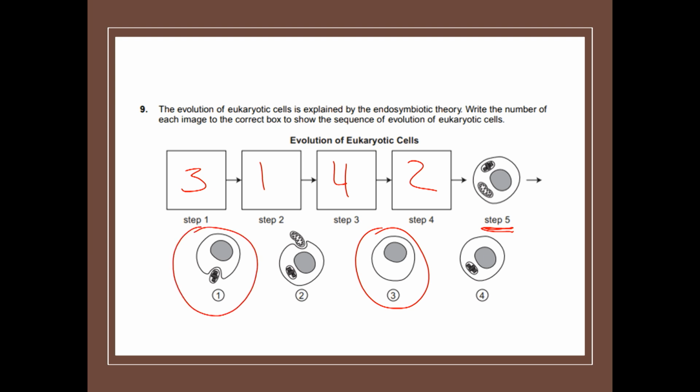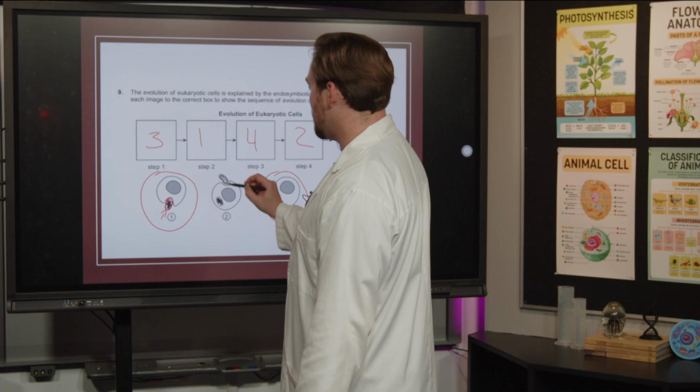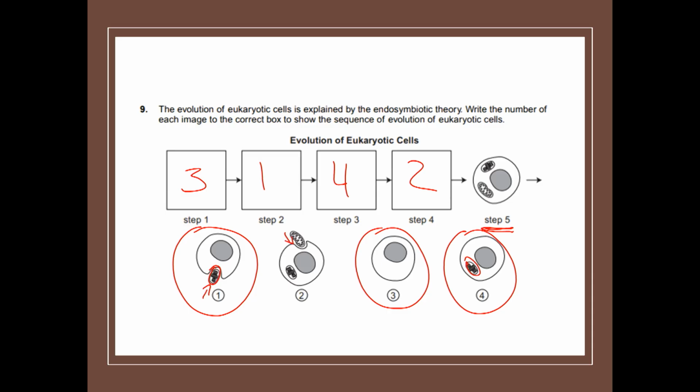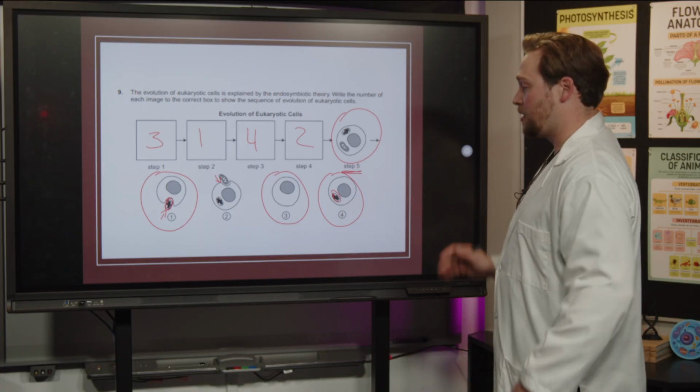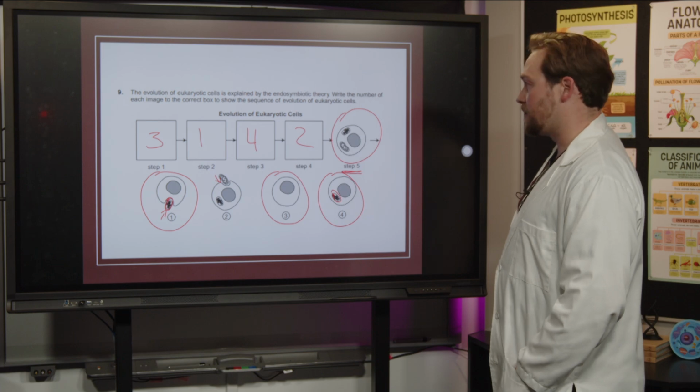You can kind of see us bringing in this little organelle here, okay? And then in 4, it's fully, here it was kind of moving into us. Now it's fully incorporated into the cell, okay? And then the last step was 2. You can see that this mitochondria is kind of trying to make its way into the cell. And then in step 5, it is fully incorporated. So that is the correct answer of how this happened, okay? Great work, and let's move on to the next one.